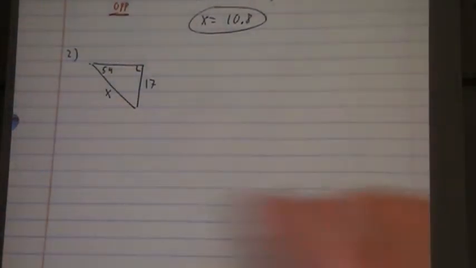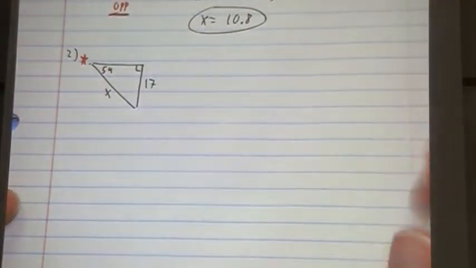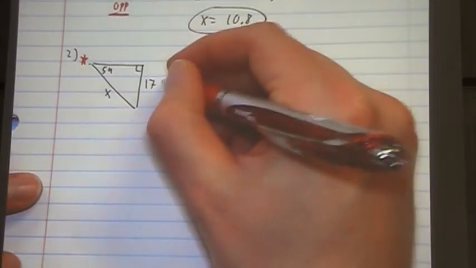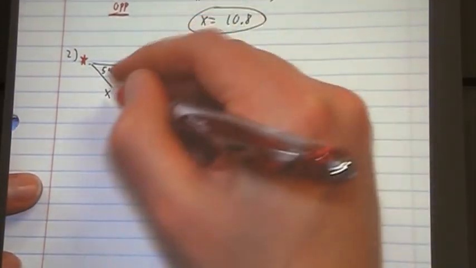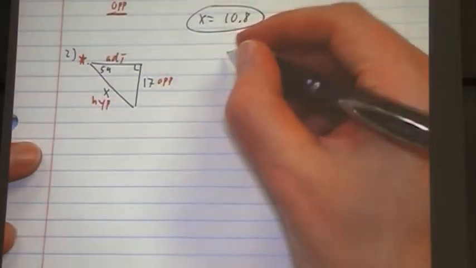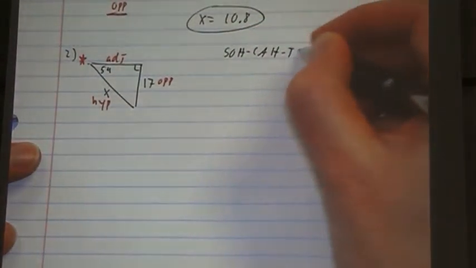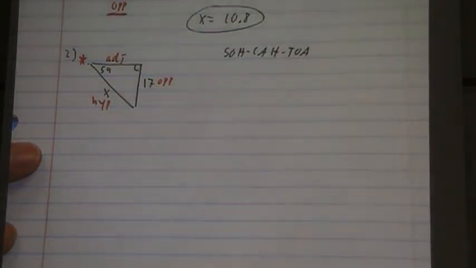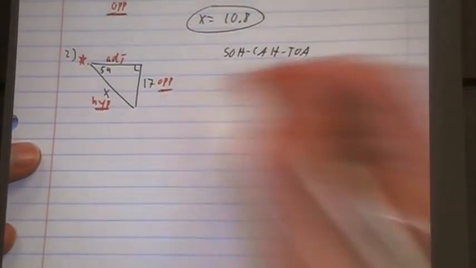Alright, so we are playing with this angle. We got a label, opposite, hypotenuse, and the adjacent's up there. And SOHCAHTOA. We are working with hypotenuse and opposite, because we have a variable in hypotenuse, a number in opposite.